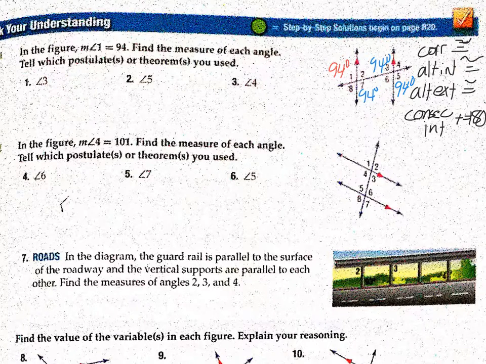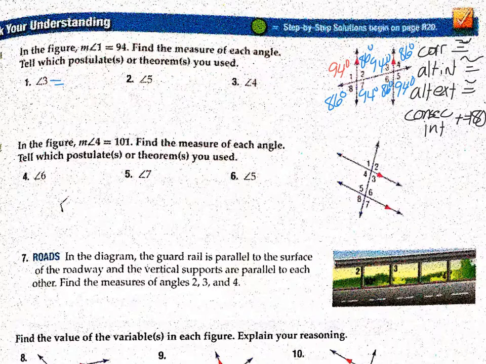So I'm going to write 86 in here for angle 2, which means angle 8 is 86, which also means angle 6 is 86 because 2 and 6 are alternate interior, and I know they're congruent. And then angle 4 is 86. So I've got every angle here. So then all I have to do is look, okay, what's angle 3?